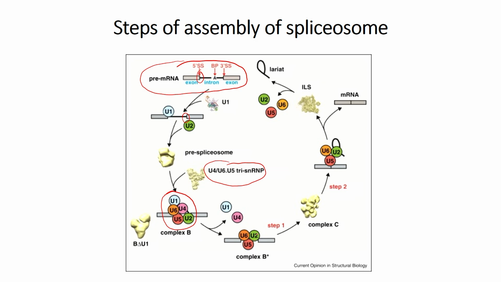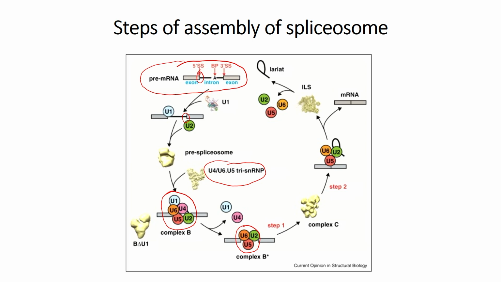Now, you have U2, U5 and U6. This is the spliceosome, and you call it complex B plus. Then the next step is where the splicing will occur, that is cutting and joining.